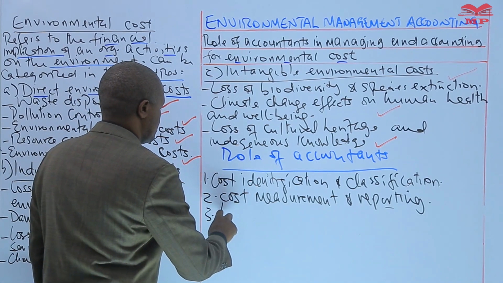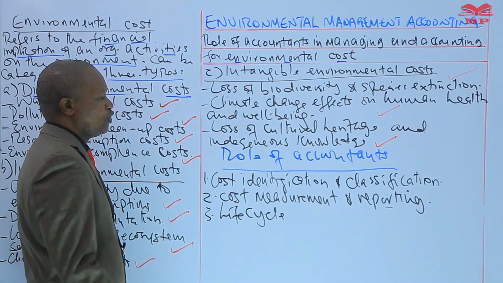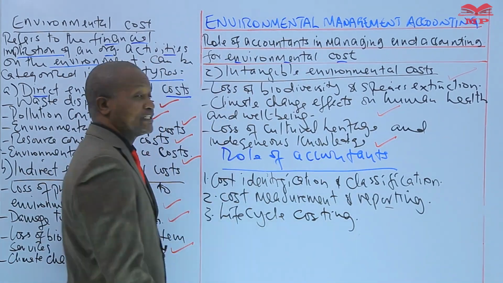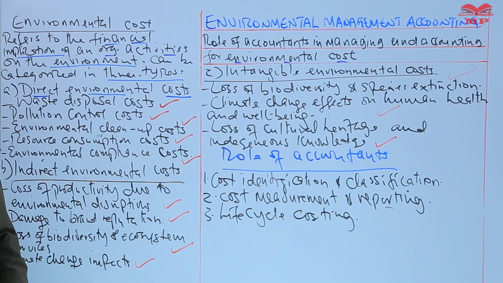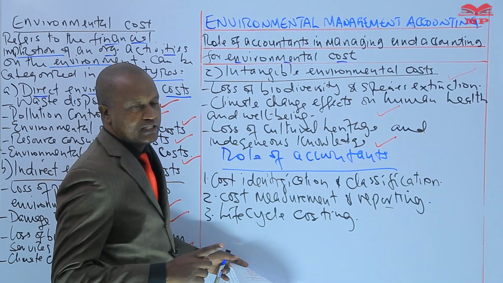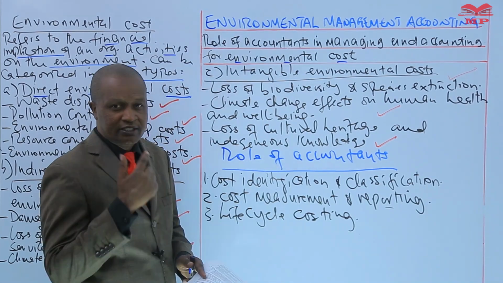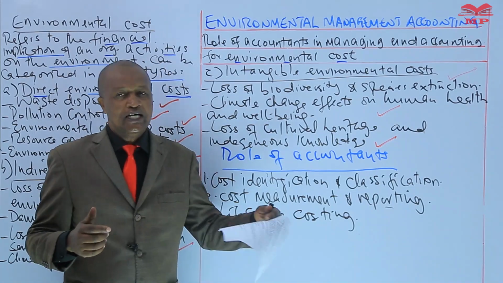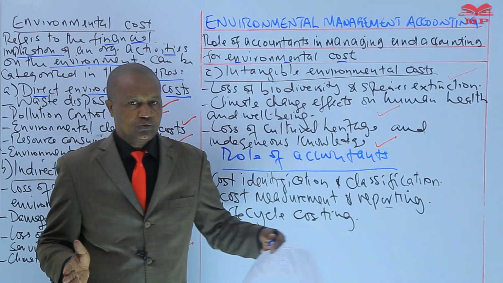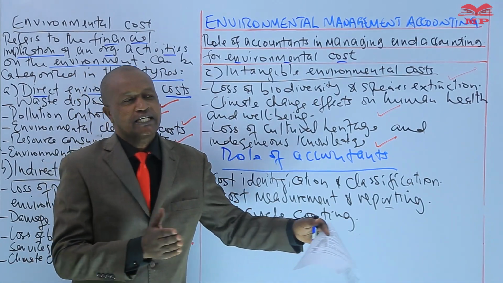Number 3, life cycle costing. Accountants here utilize life cycle costing methods to evaluate the environmental impact of products or processes throughout their entire life cycle.